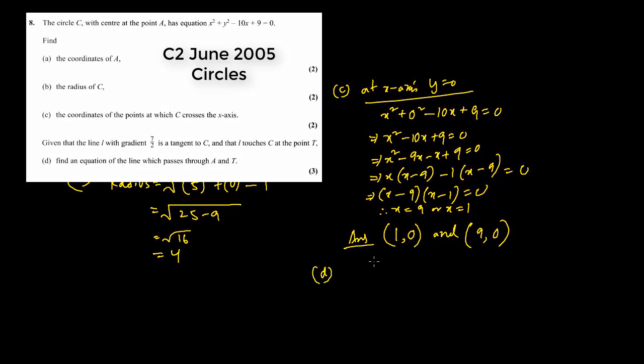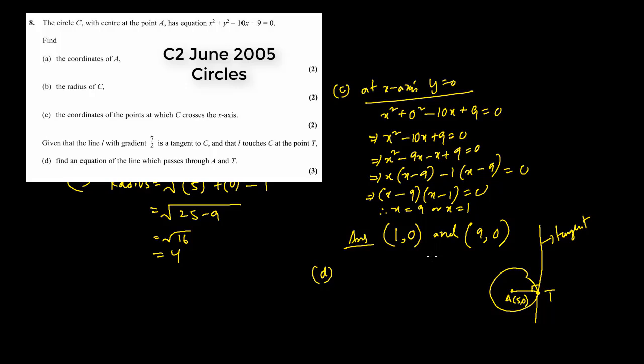If you have a circle and the center of the circle is A, which is 5, 0, and you have a tangent at the point T, so this is the tangent. So the basic geometry is the radius of the circle and the tangent make 90 degrees.